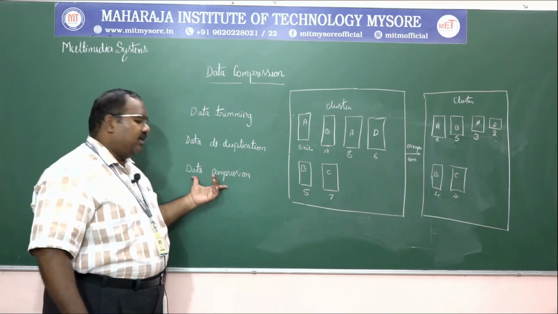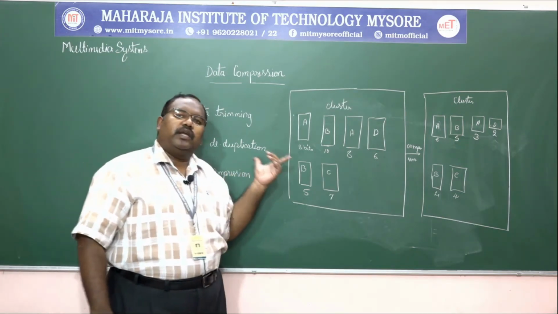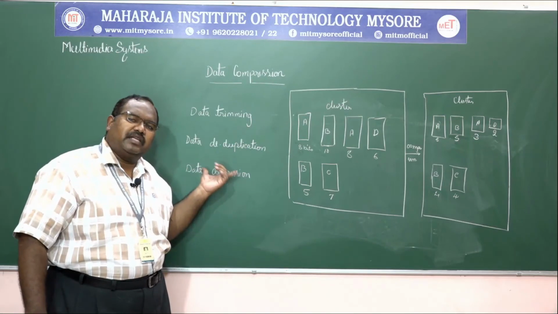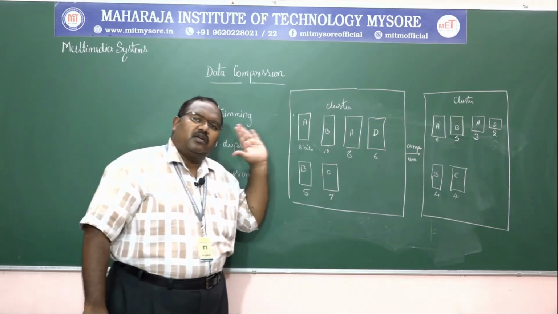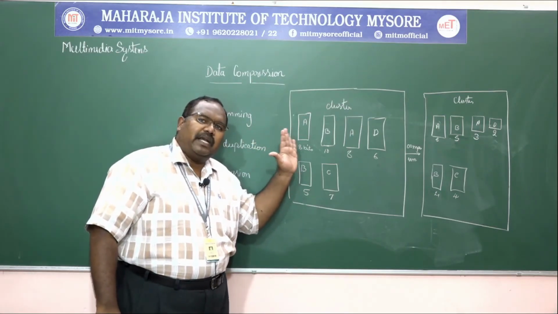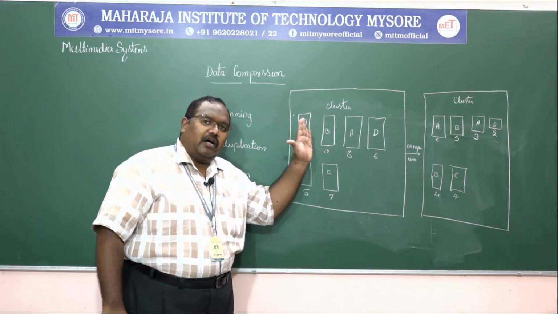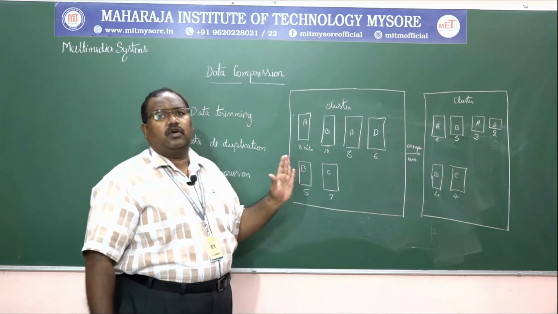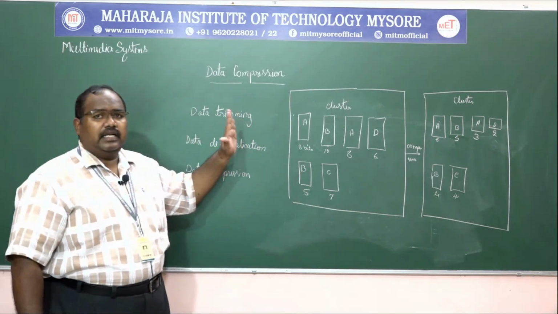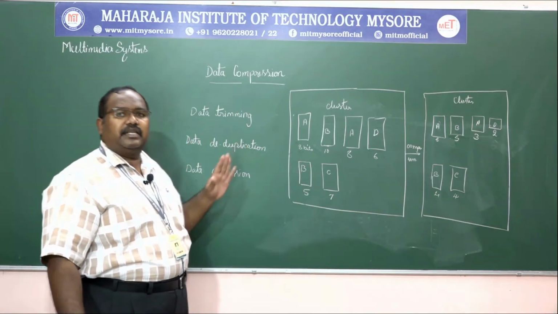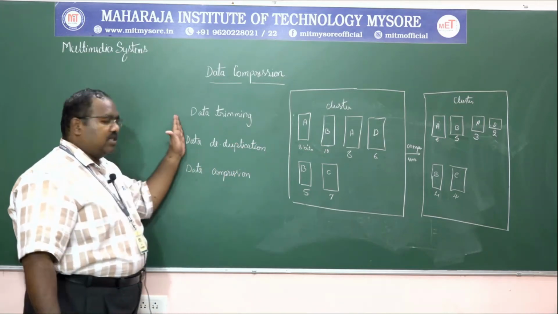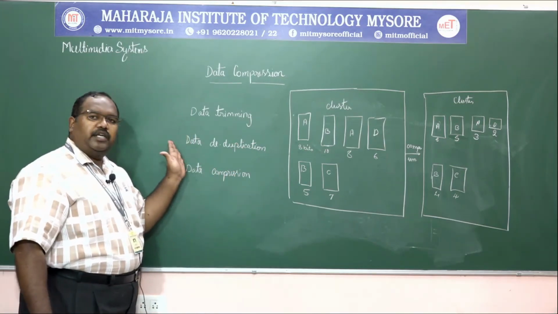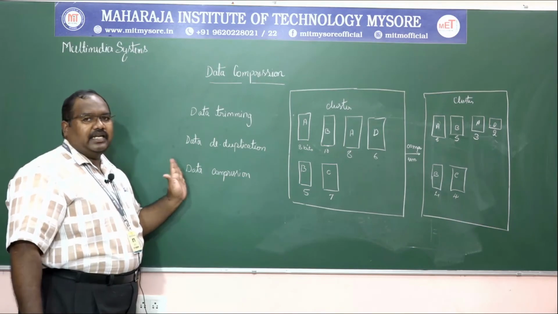So in data compression, we are not doing data trimming or data deduplication. Here the concentration is just on reducing the size of the data file. That is called data compression. So a clear distinction is made between the 3 concepts: data trimming, data deduplication and data compression.